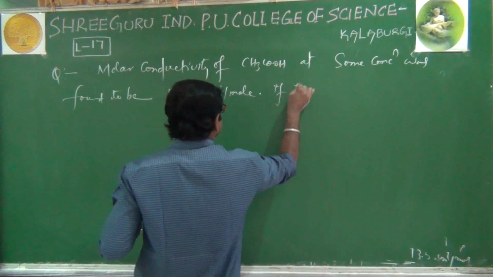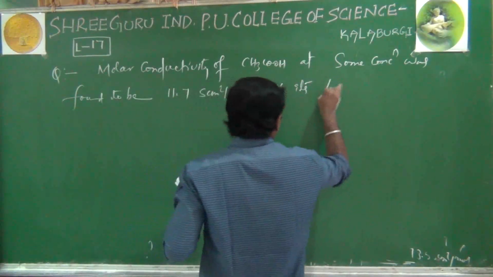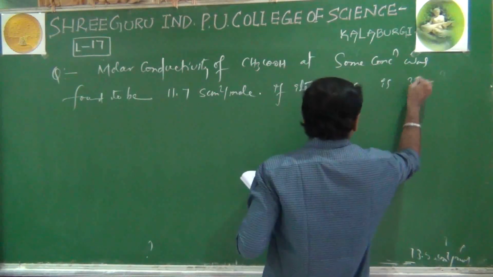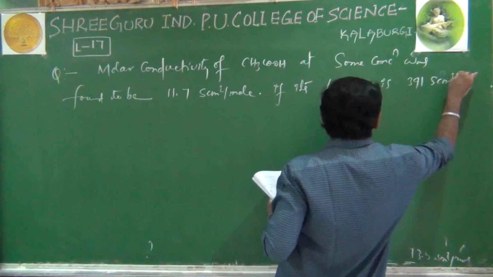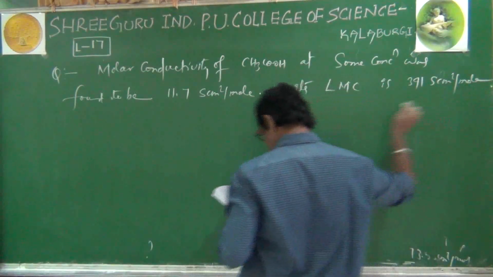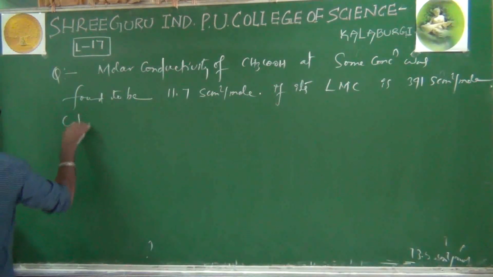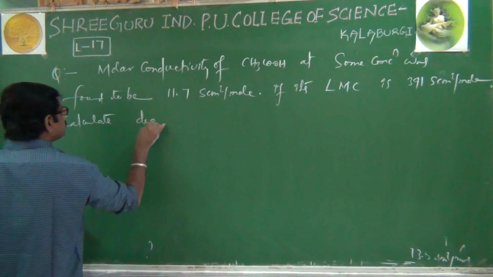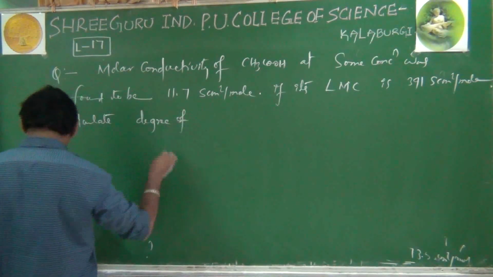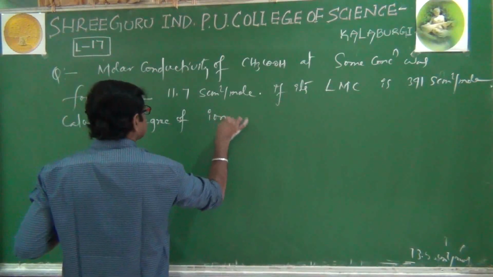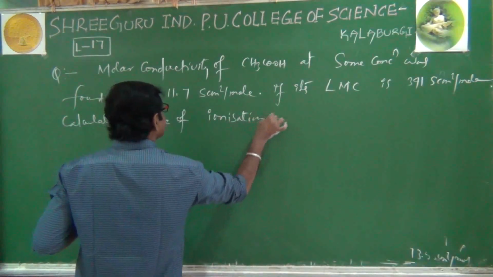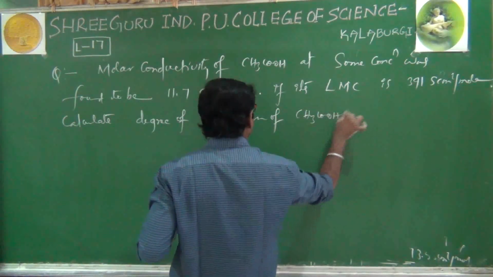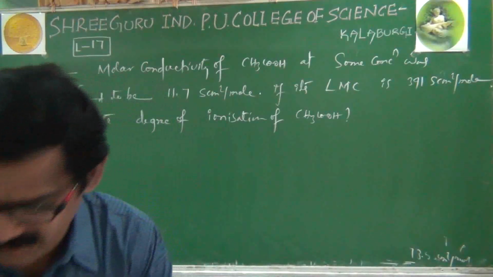If its limiting molar conductivity is 391 Siemens centimeter square per mole, calculate degree of ionization of CH3COOH. That's it. It's a question.